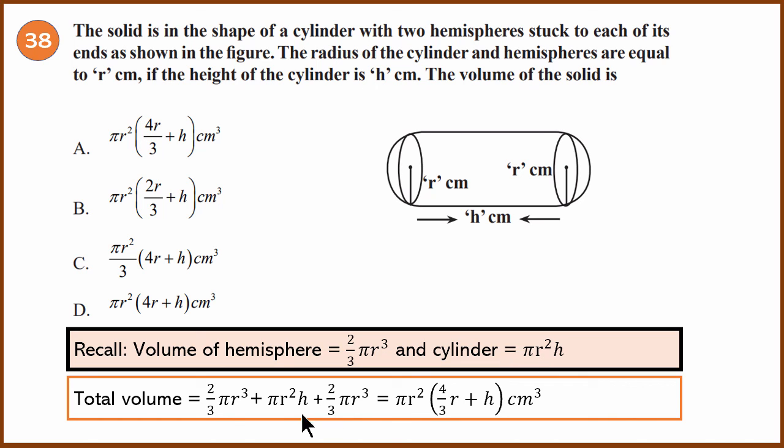We have to add 2 hemispheres, so that is 2 by 3 pi r cube plus 2 by 3 pi r cube, and we have to add the volume of the cylinder. If you add the hemispheres, you will get 4 by 3 pi r cube. If you take pi r square out, it becomes pi r square times 4 by 3 r plus h. Okay, correct answer is A.